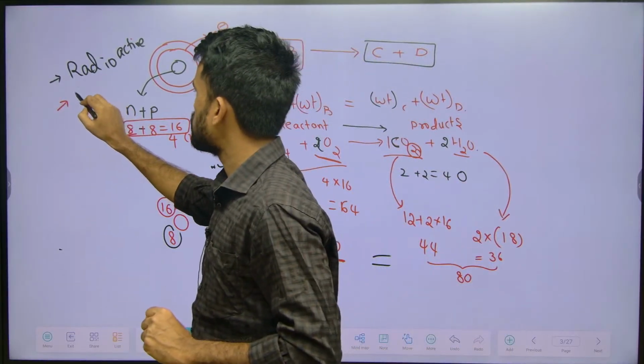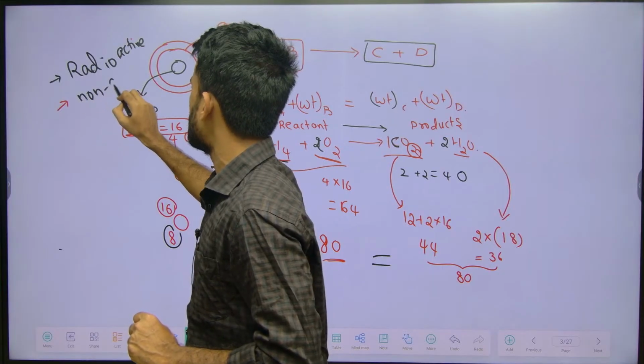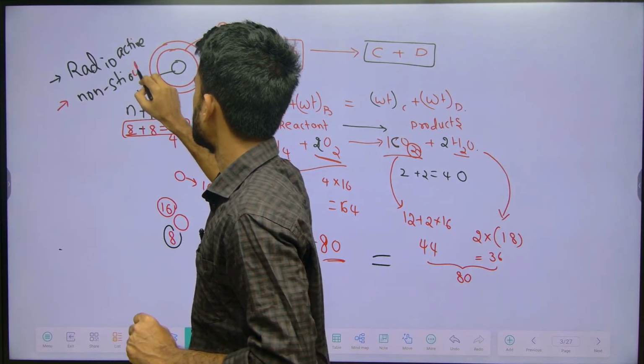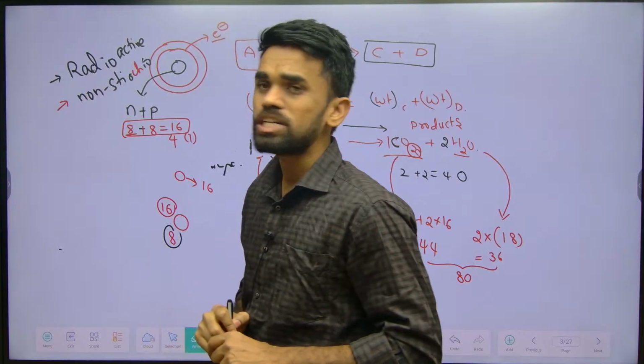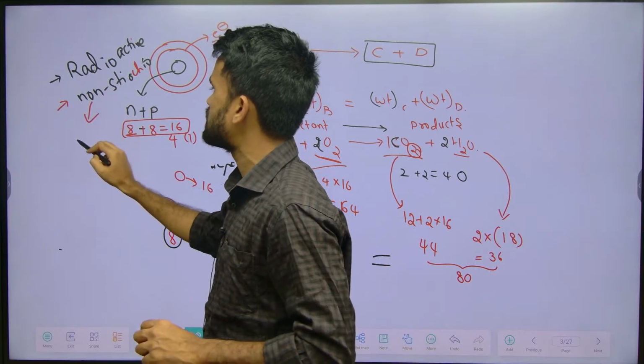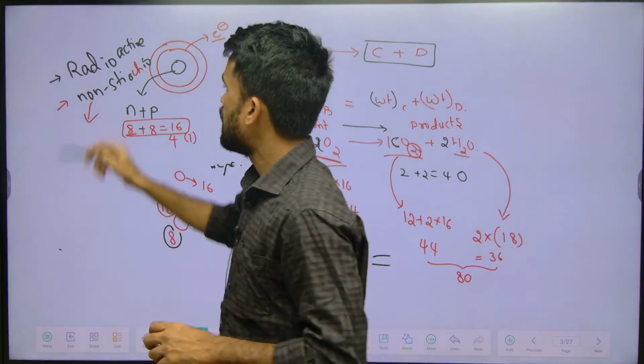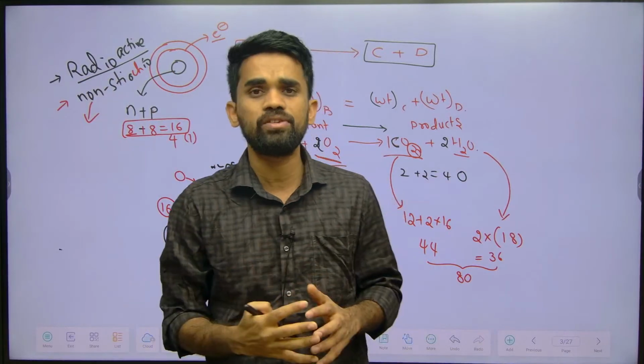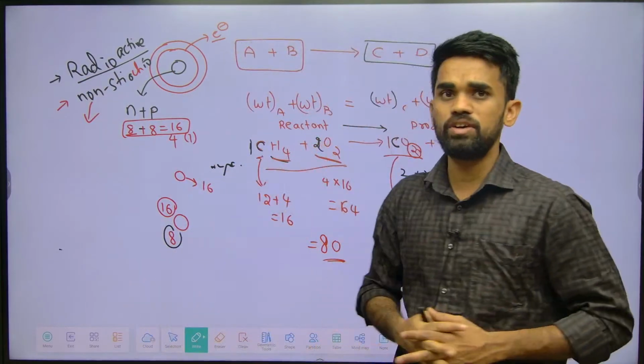Non-stoichiometric generally means interstitial compounds. Why won't radioactive reactions obey the law of conservation of mass?